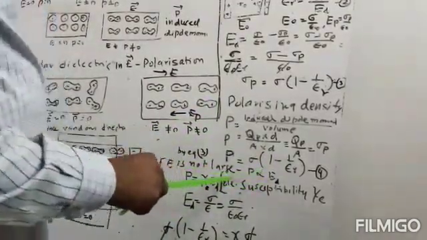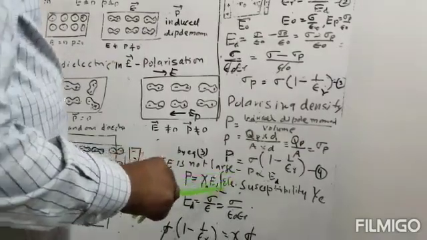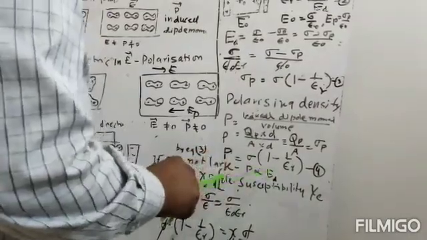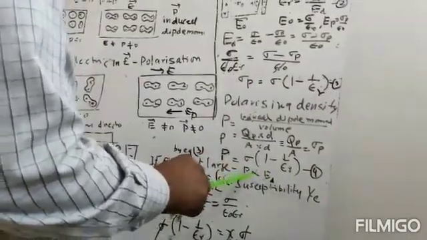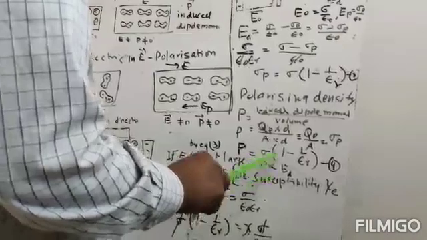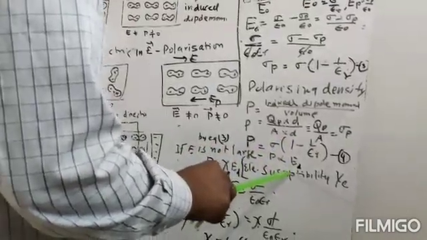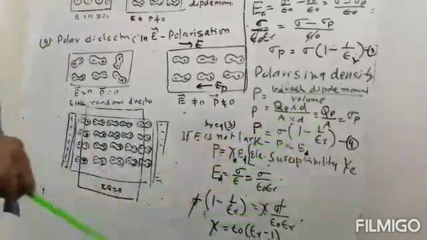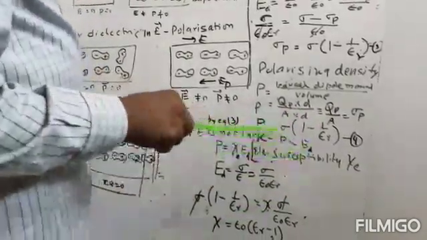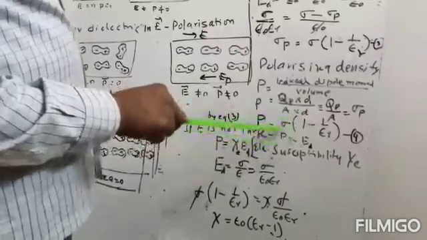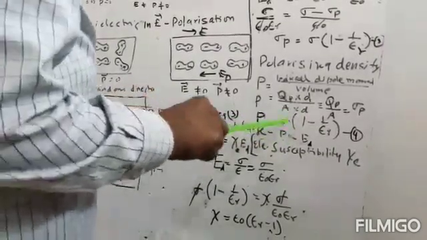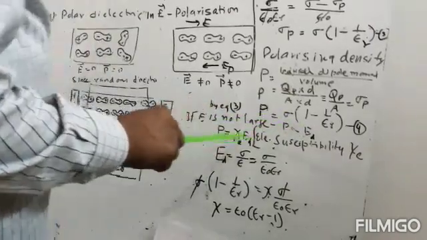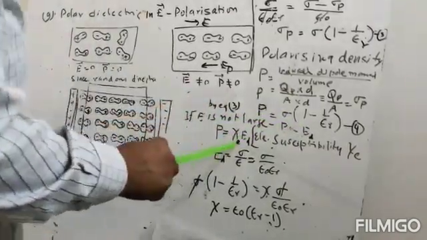Means if the electric field is not very high, then polarization is proportional to E. So polarization P is equal to a proportionality constant chi e into E. Chi e is the electric susceptibility of the material. So P will be equal to the susceptibility chi e multiplied by E.